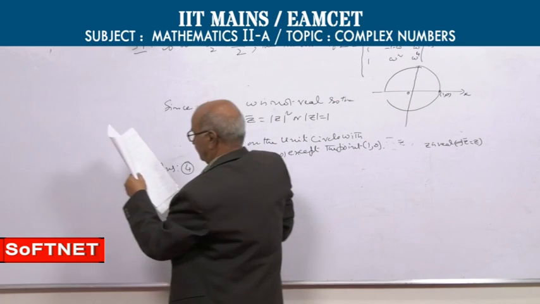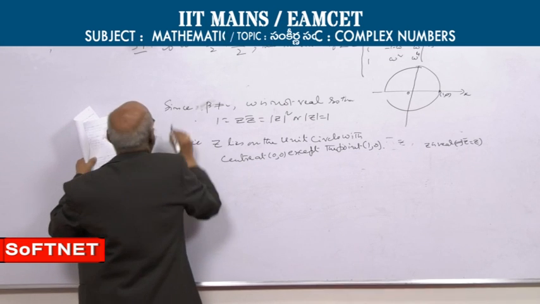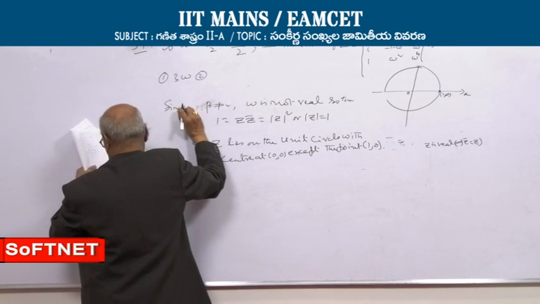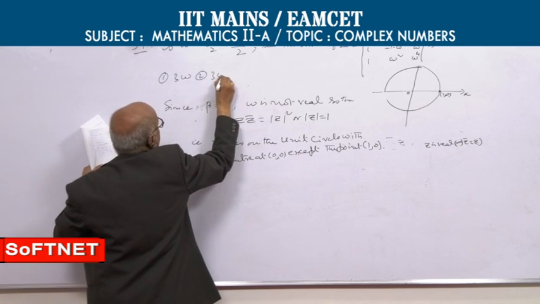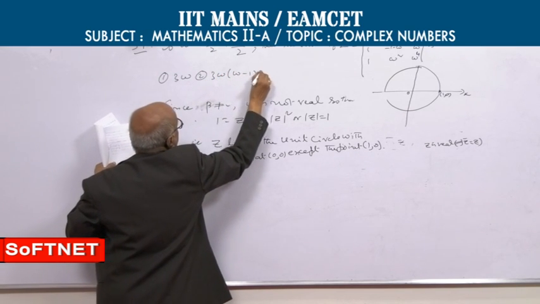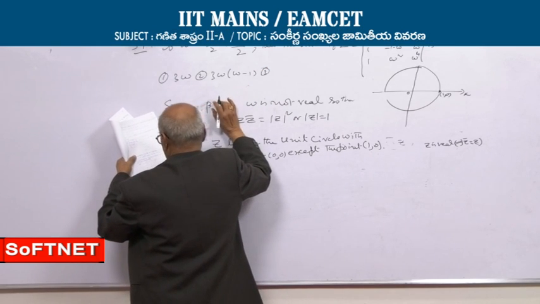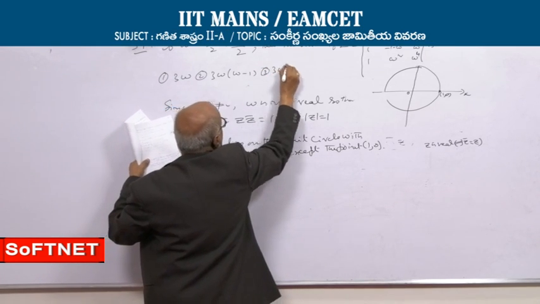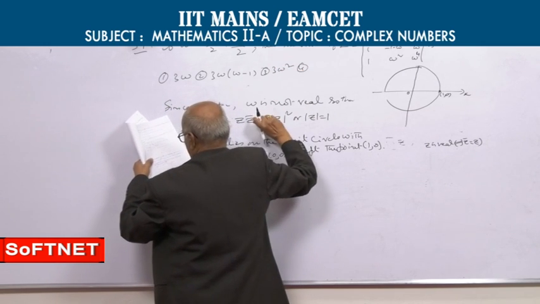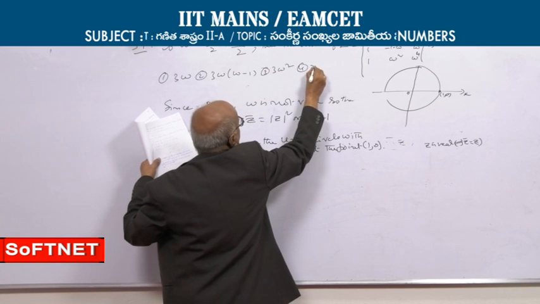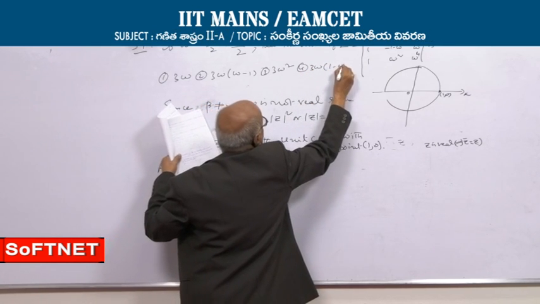Options: 1, 3 omega 2, 3 omega into omega minus 1, 3 omega square, and 4, 3 omega into 1 minus omega.